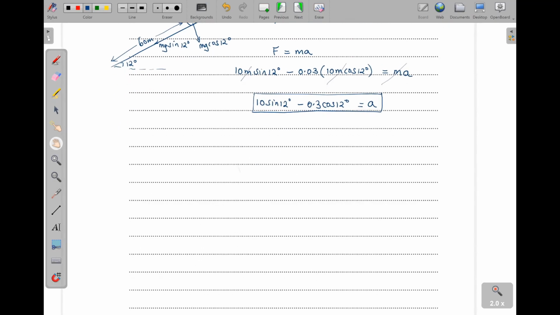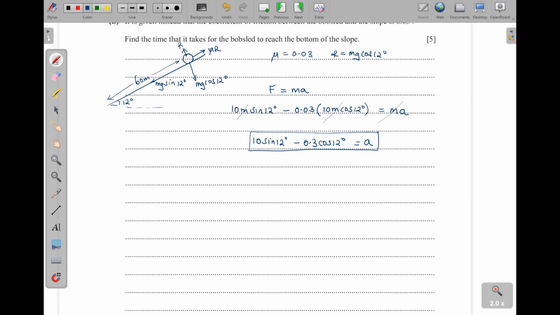Then I can use an equation of motion that gives me time: s is equal to ut plus a half at squared. So s is 60. Initial speed was given as 5, plus a half times the acceleration we have gotten as 10 sine of 12 minus 0.3 cos of 12, and then the time t squared.